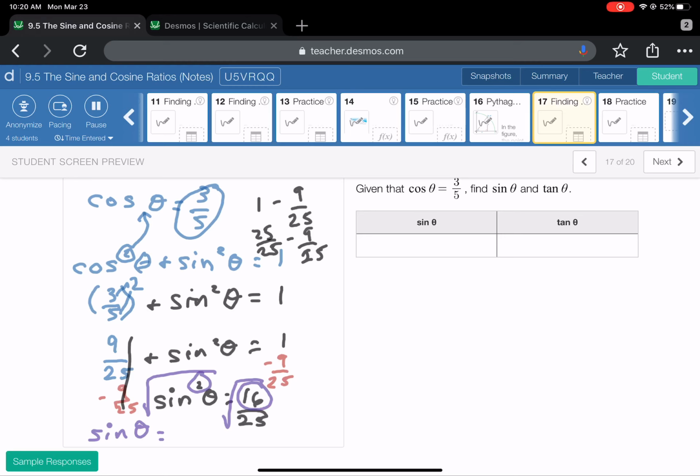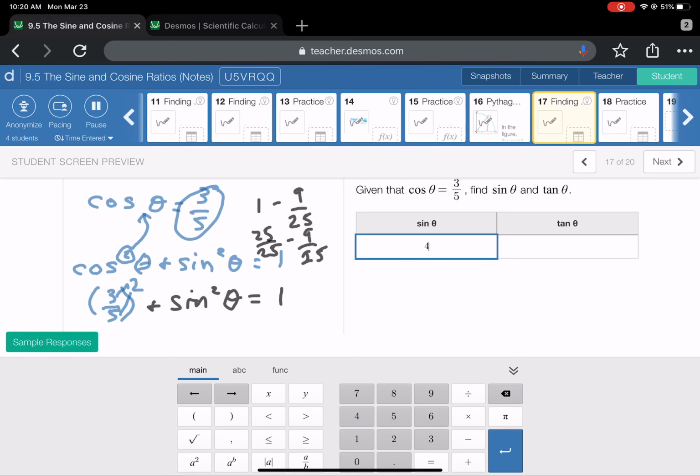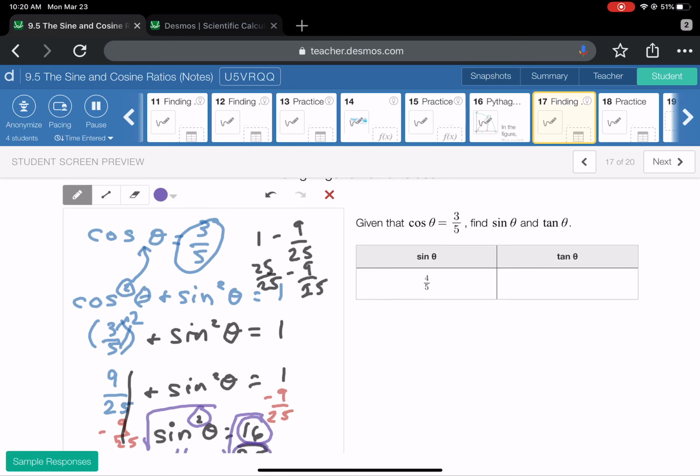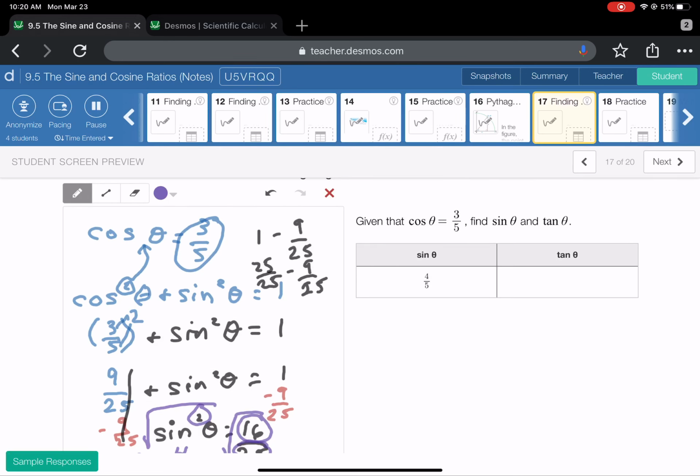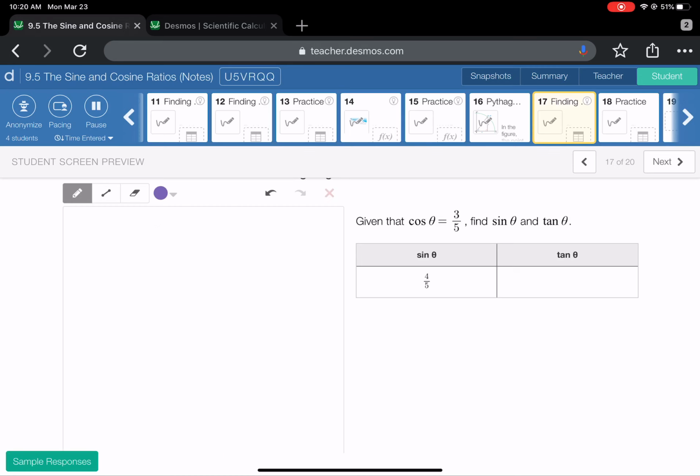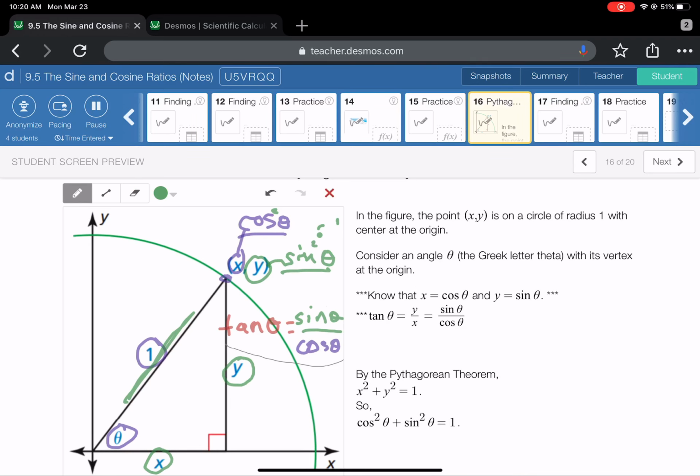The square root of 16 is 4, over the square root of 25, which is 5. So our sine theta is 4 over 5. I'm going to put that over here just as a fraction. If you didn't get that, go ahead and rewind the video so that you can see how we found sine theta.